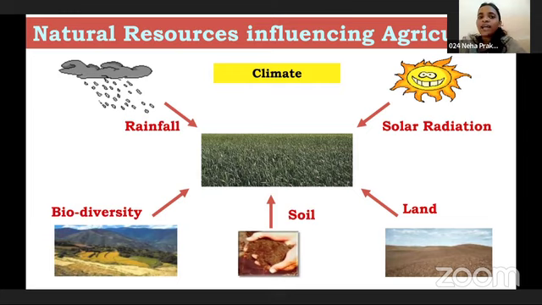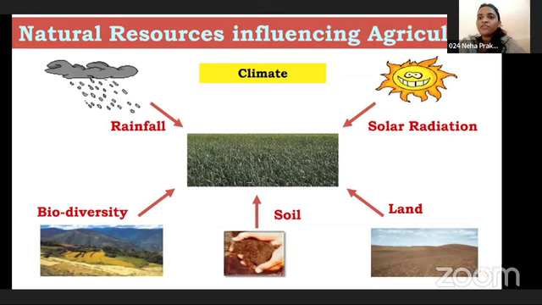However, when we talk about climate, nowadays there are tremendous changes in climatic conditions that lead to the disturbance of crop cycles and to the degradation of soil also. So let us discuss the different factors.